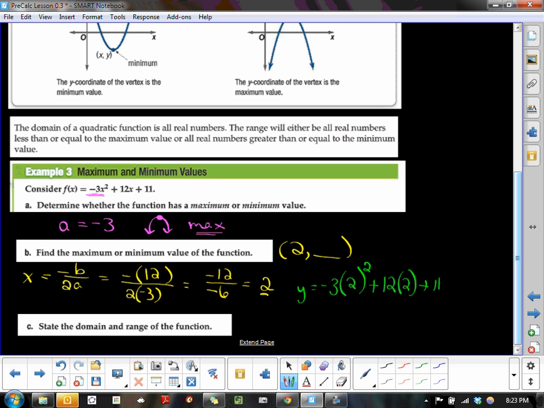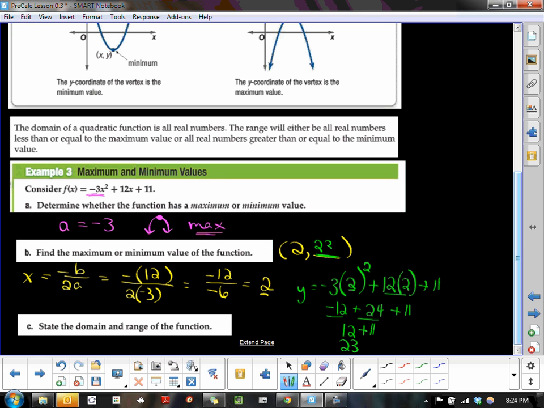The result of this is going to be our y value for our vertex, so we will know where it's located. Order of operations forces me to square the 2 first, and 2 squared is 4, and 4 times a negative 3 is negative 12. Then we're going to have 12 times 2, which is 24, plus 11. Well, these two combined will give me a 12, and 12 plus 11 is going to give us 23.